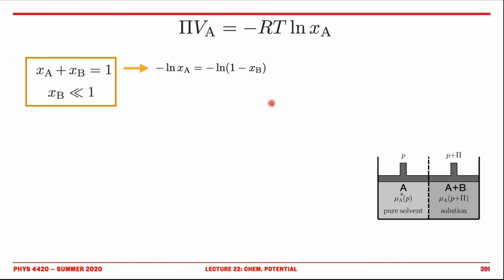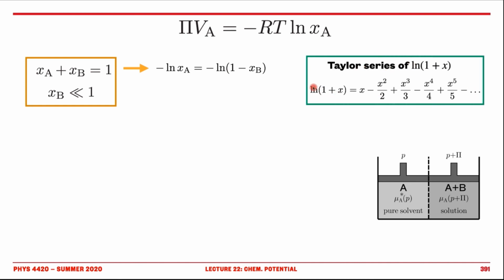Why did I do that? Well, because for those who paid attention in courses where you studied Taylor series, the ln of 1 minus a tiny number has a Taylor series. Ln of 1 plus or minus a tiny number, if we stop at the first order, we just get a linear term.